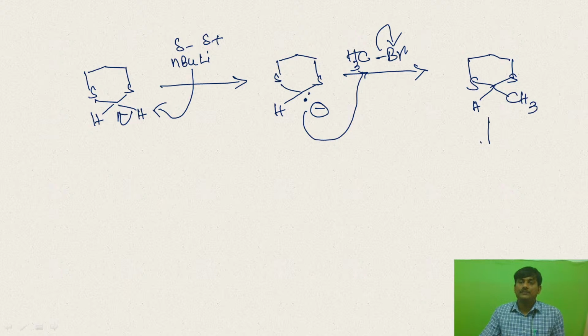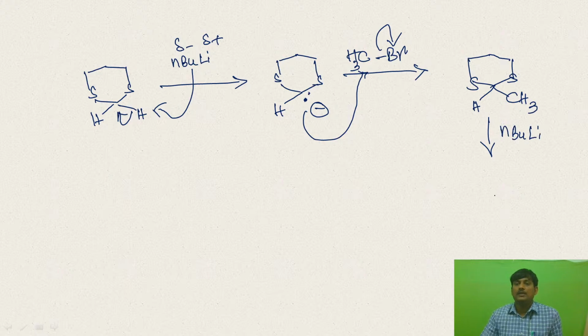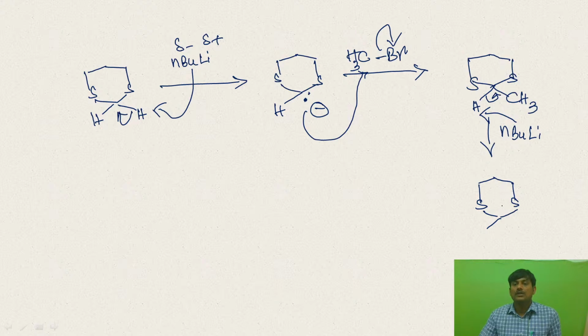Okay, let's react this monosubstituted compound with N-butyl lithium again. Here there is a formation of carbanion, sulfur, and here this proton will be abstracted. So here there is a formation of negative charge.